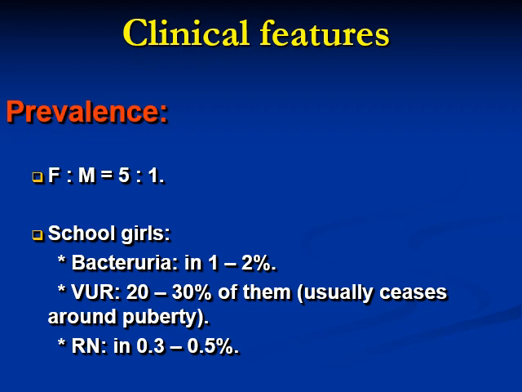In schoolgirls, bacteriuria is detected in 1 to 2% of them. Vesicureteric reflux is the cause in 20 to 30% of them, which usually disappears around the age of puberty. Reflux nephropathy occurs in 0.3 to 0.5% of these young school girls.